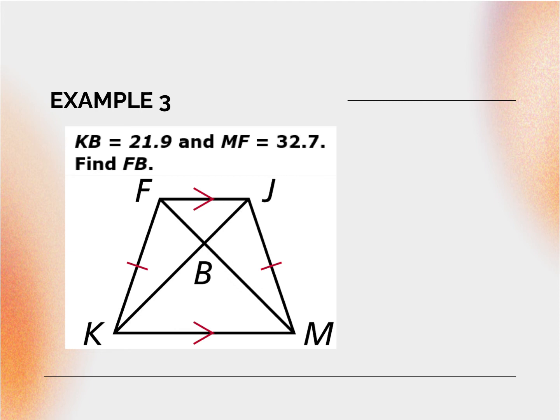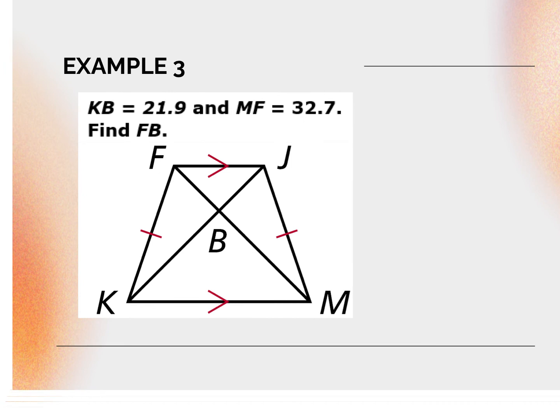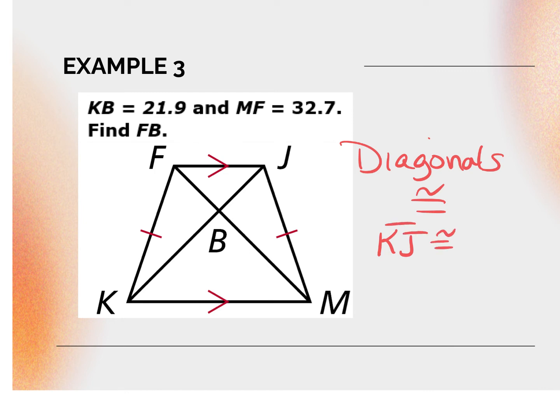And notice this time, they're giving me information about the diagonals. When it's an isosceles trapezoid, I know that my diagonals are congruent. So this tells me that KJ is going to be congruent to MF.